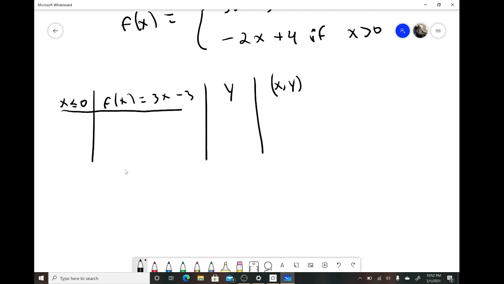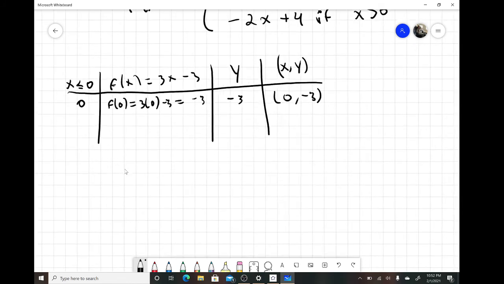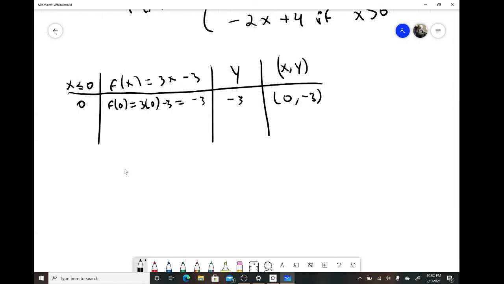Now, let's begin with 0. If x is 0, we have f of 0 equals 3 times 0 minus 3. Well, that's just minus 3. So we have the point 0, negative 3. Since we are graphing the equation of a line, we only need 2 points. So I'll look for another point.